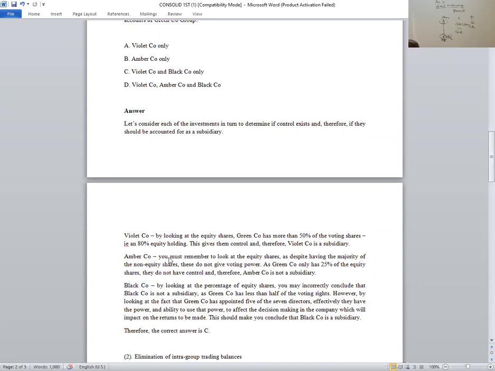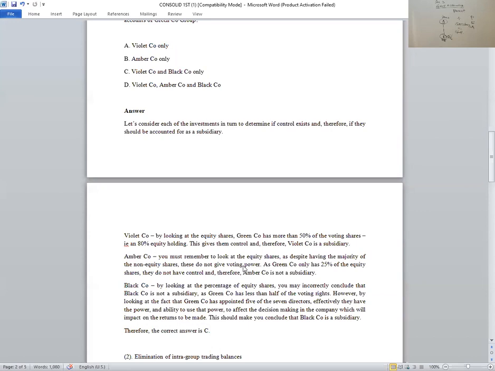Amber Company: you must remember to look at the equity shares, as despite having a majority of non-equity shares, these do not give voting power. They can't vote on the board. We go to the AGM as ordinary shareholders and appoint ourselves or anybody else to the board.